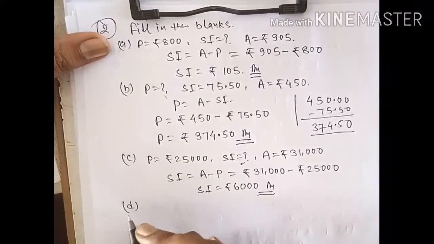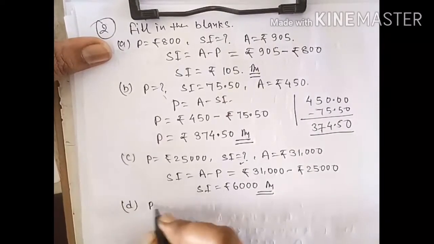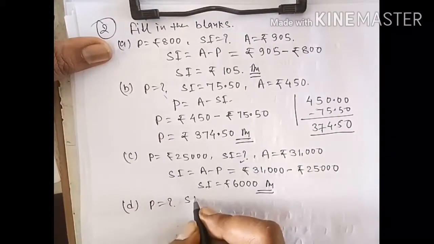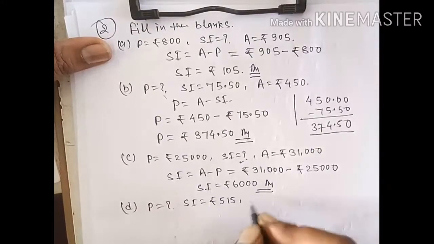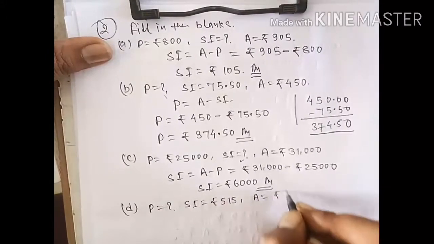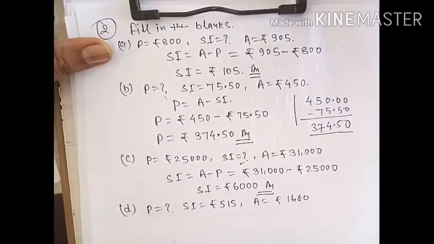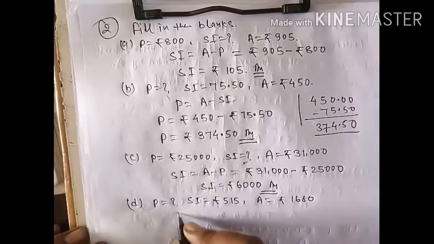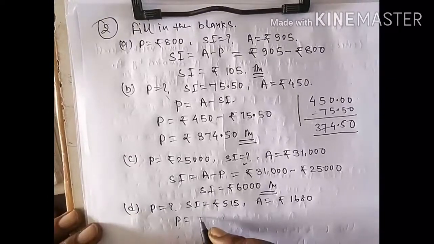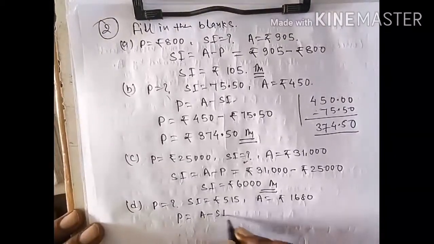Now in question D, principal is not given, SI is rupees 515, amount is rupees 1680. Amount क्या है? 1680 है. You have to find principal and you know that principal is equal to amount minus SI.